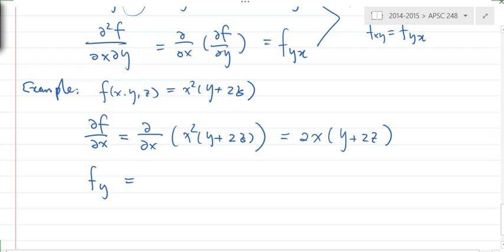So what will be the result here? x squared times 1 plus 0. You may have done it differently. You probably expanded it first, and that's okay.